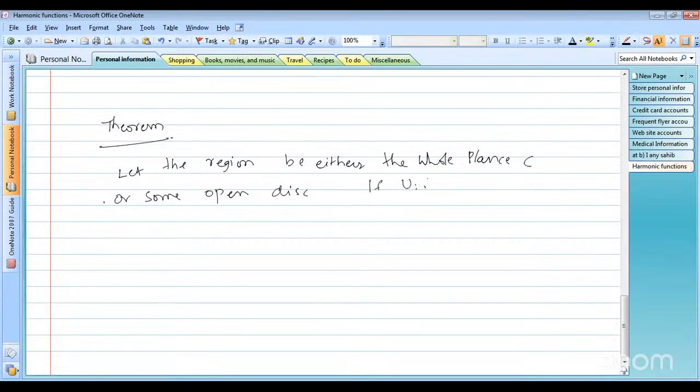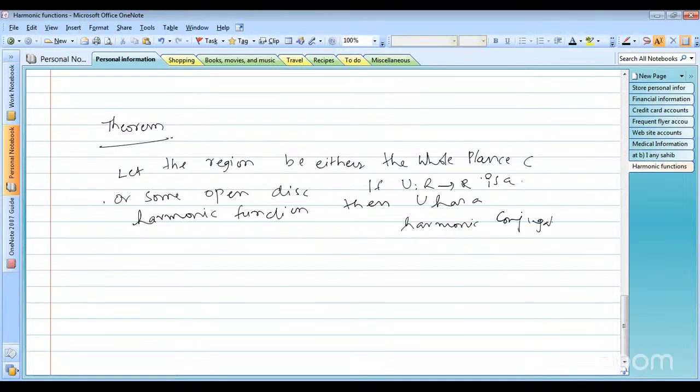If u: R → R is a harmonic function, then u has a harmonic conjugate.